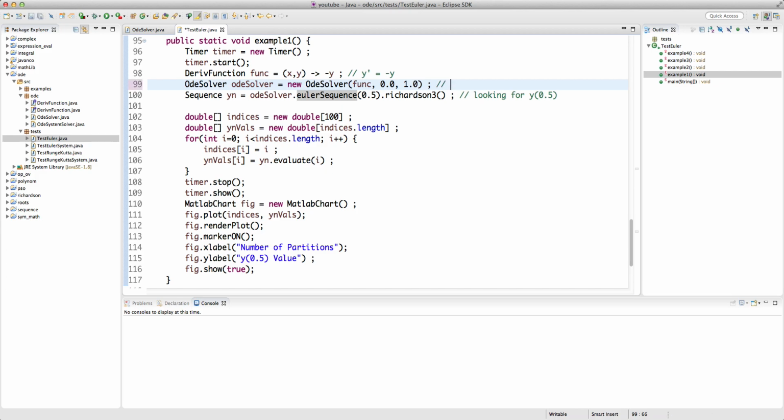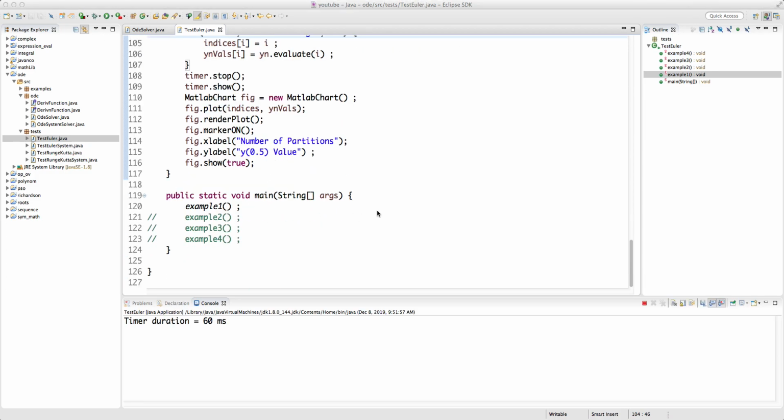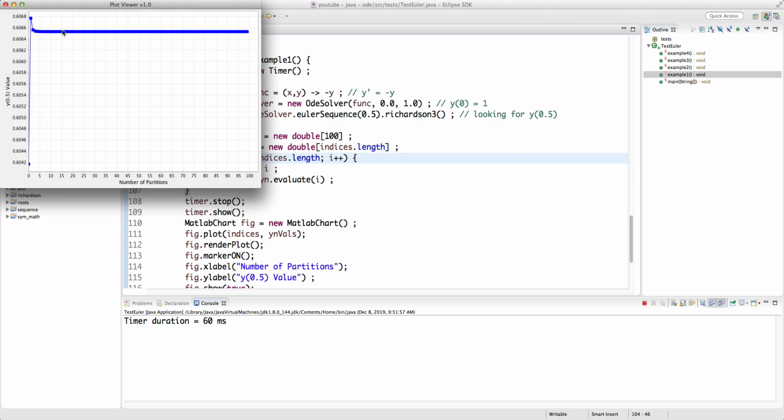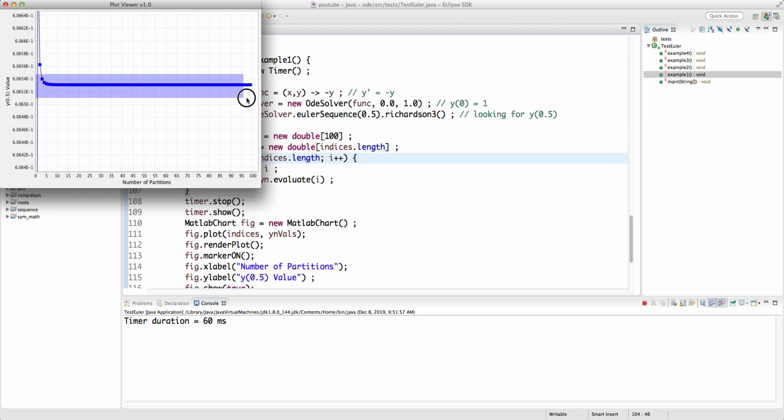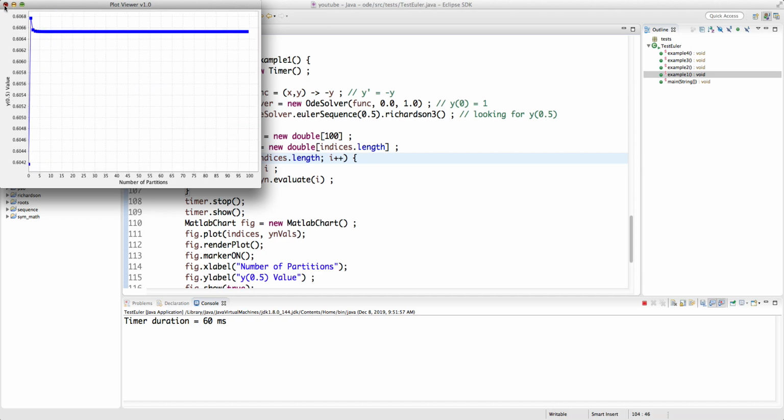So our initial condition is y of 0 is 1. If we calculate at 0.5, and let me just run it again, we see that we eventually converge to the value. I'm applying the fourth order Richardson, so the convergence is fast, right?